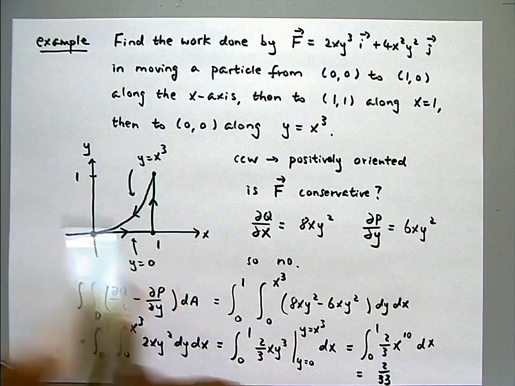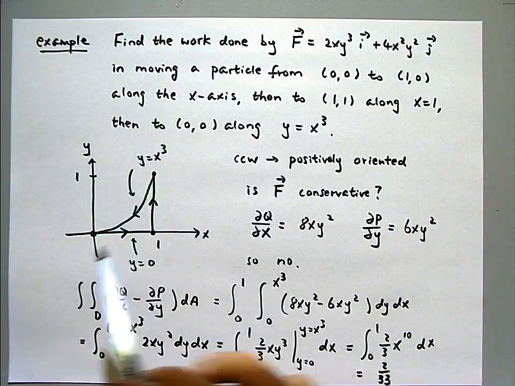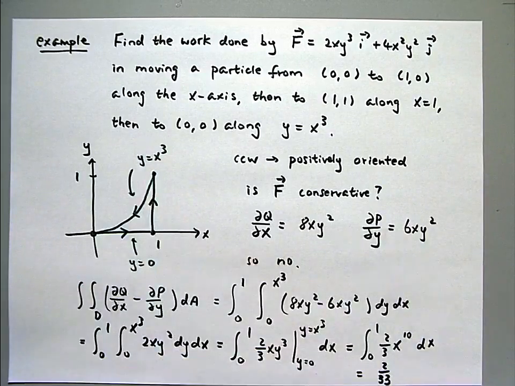If at any point the path crosses over itself, then Green's theorem as it is stated here is not going to give you the right answer. We have to handle that differently. But for a simple and closed curve here, Green's theorem will give you a lot of savings in terms of work and time.